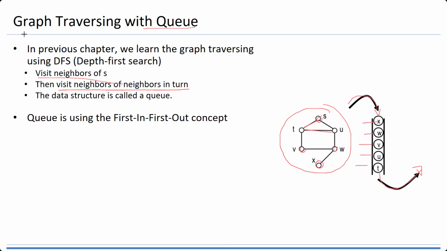So this is the graph traversing with queue. Okay, queue is using the first in, first out concept.